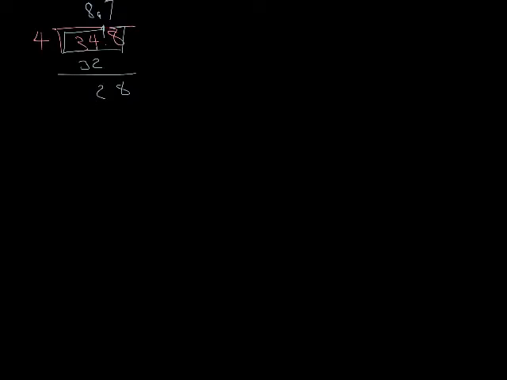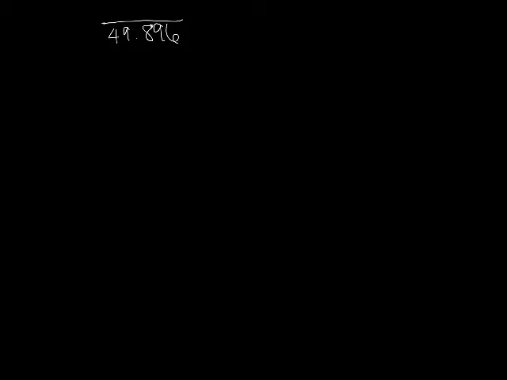When we have something like this, and this is where they start getting a little bit, I shouldn't say complicated, I guess probably the word is annoying. We get these longer ones like this, and 27 goes into 49 one time.